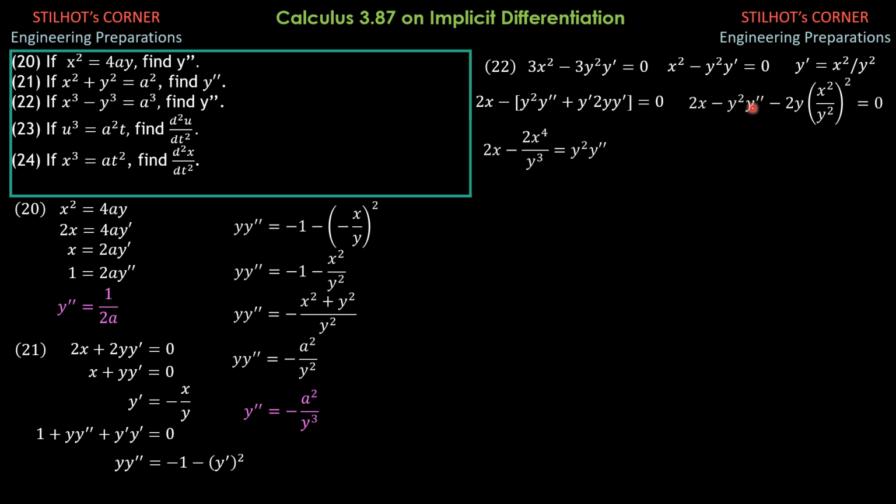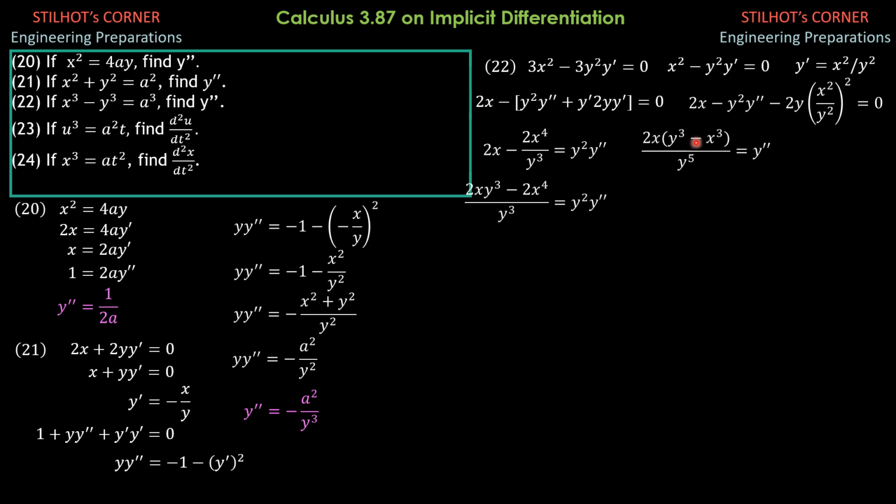Then we transpose this to the right, so we have positive y squared y double prime. Simplifying the left, we have 2x minus 2x to the fourth over y cubed equals y squared y double prime. Let's factor out 2x, so we have 2x times y cubed minus x cubed all over y to the 5 equals y double prime, because y cubed times y squared is y to the 5.